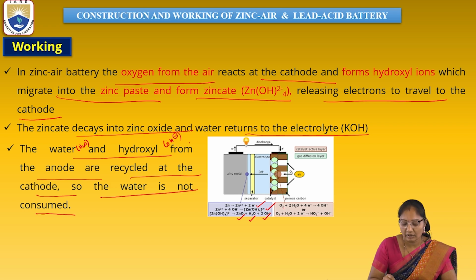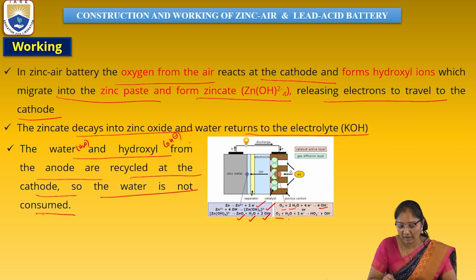Here we can see the oxygen first enters the porous membrane, where oxygen plus water reacts and results in the formation of hydroxyl ions. These hydroxyl ions again enter into the electrolyte, where they are going to react with the zinc metal ions.